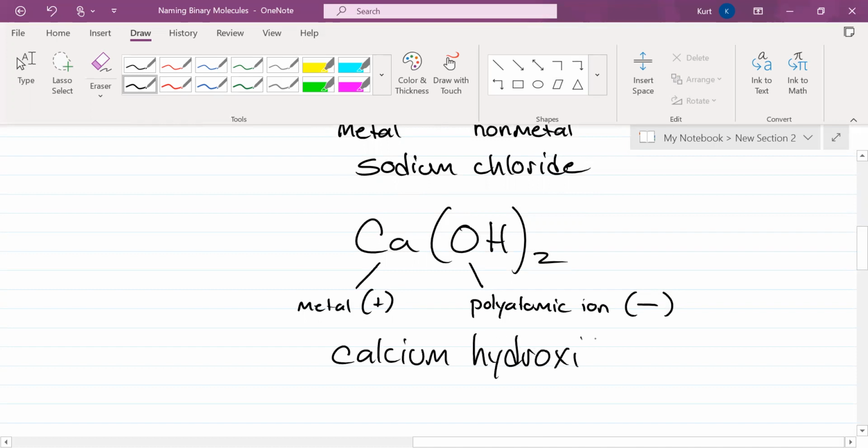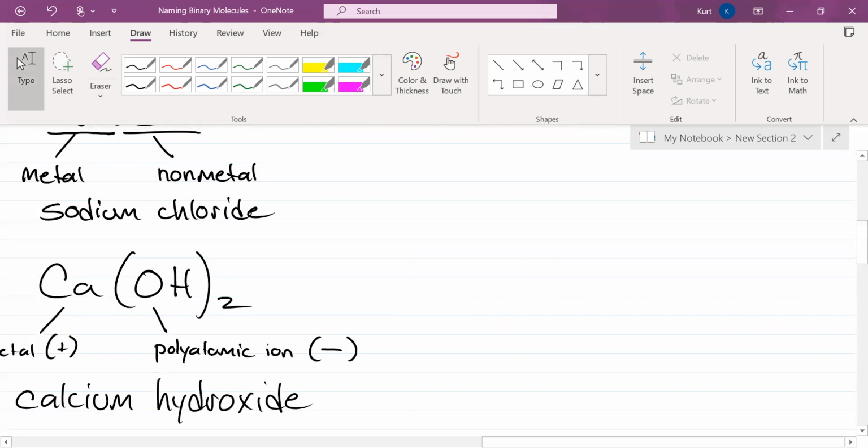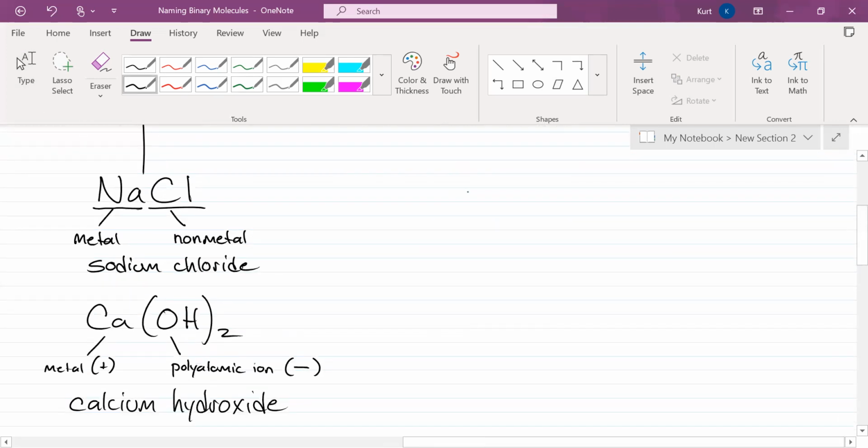Okay, let's do 3 more. How about this? CO4. What is carbon? Metal or non-metal? Non-metal. What is oxygen? A metal or a non-metal? Non-metal.